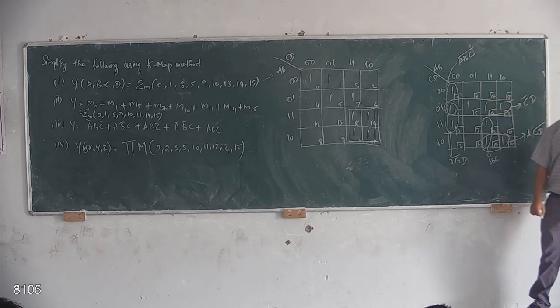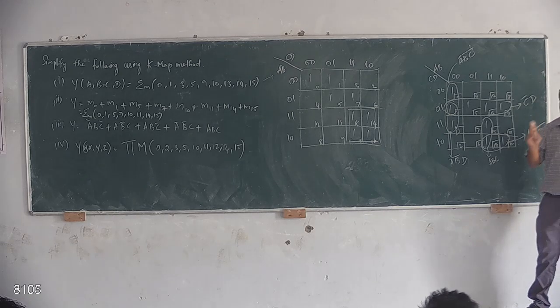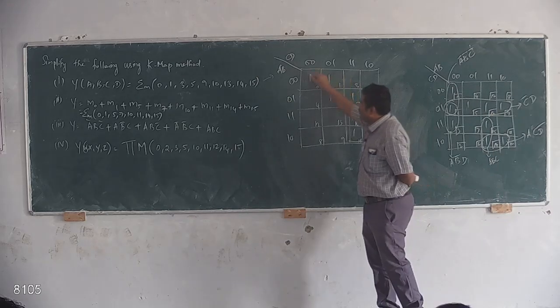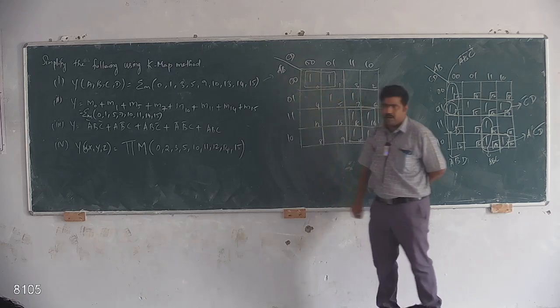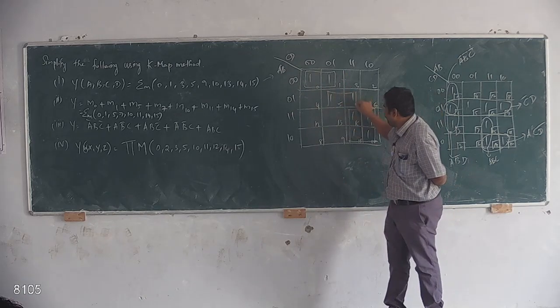Any doubt in this? Next, how many pairs are possible? There may be 3 pairs. Listen carefully: there are 3 pairs here, but we need to choose only 2. How? Suppose I make this one pair, two adjacent cells combined together, and this also combined.